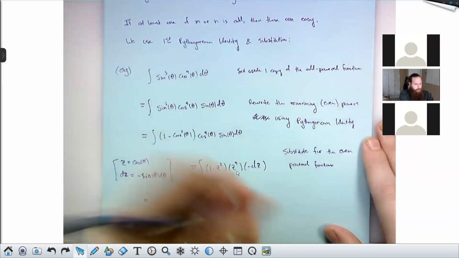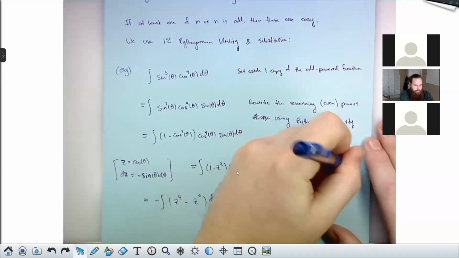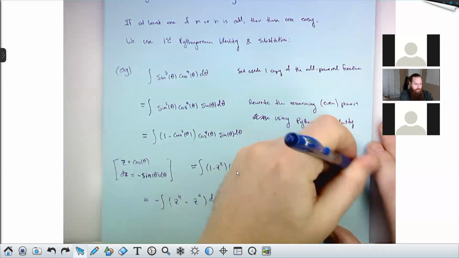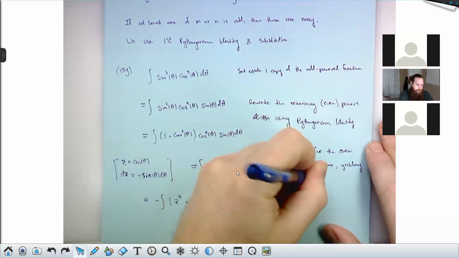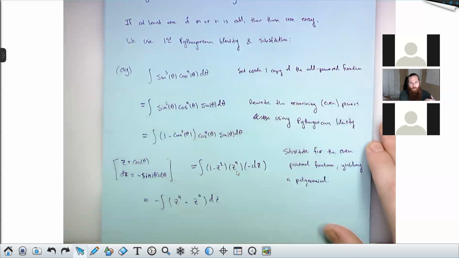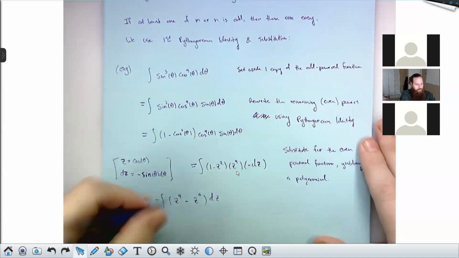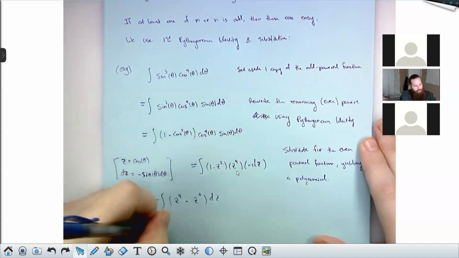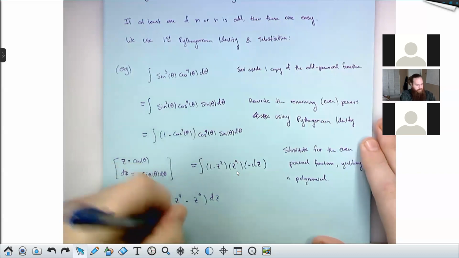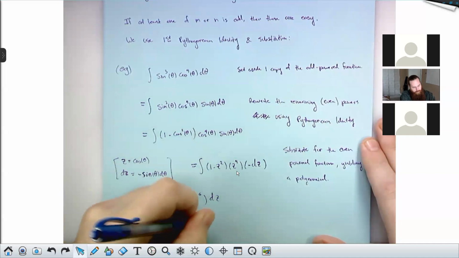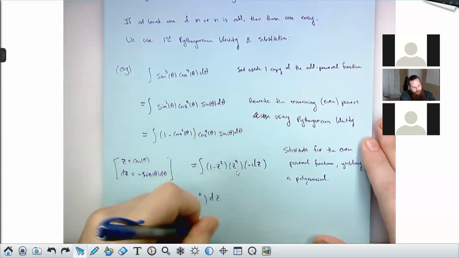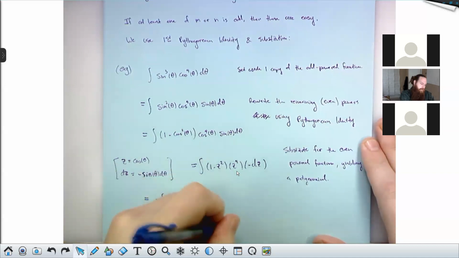And that'll give us a polynomial. And we always know how to integrate polynomials because that's just a power function thing. So this will be negative z to the 5 over 5 minus z to the 7 over 7 plus c.